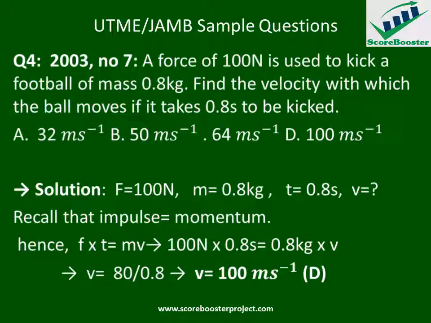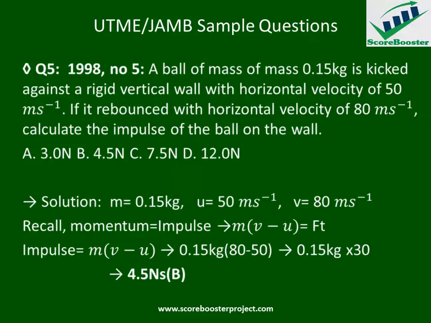When we substitute, our F is 100 Newton times t, which is 0.8 seconds, equals m, which is 0.8 kilogram, times v, which is not given. So you can make v the subject by dividing both sides by 0.8 kilogram. So 100 times 0.8 will give us 80. Divided by 0.8, that will be 100 meter per second, making option D the correct answer for this particular question. This question is still buttressing that momentum is equal to impulse.